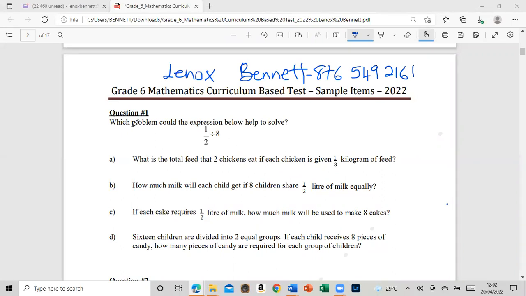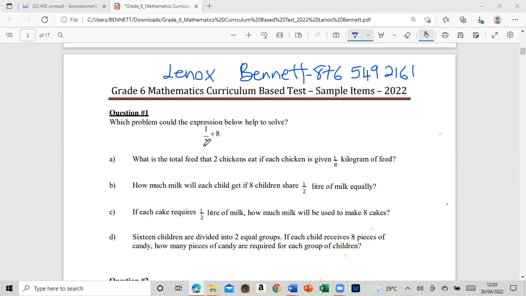Number one says, first of all, this is a grade 6 mathematics curriculum-based test, and these are sample items for 2022. Question one says, which problem could the expression below help to solve?